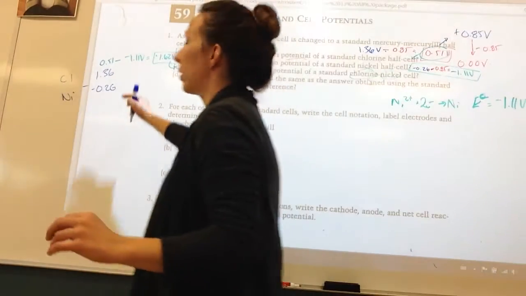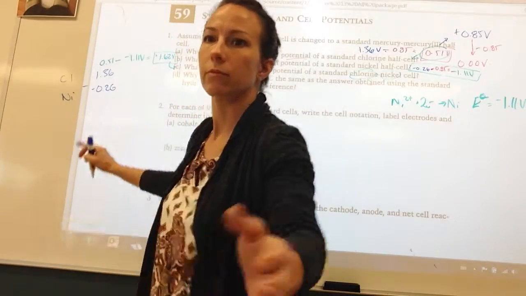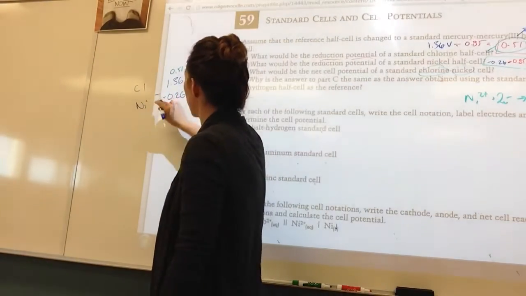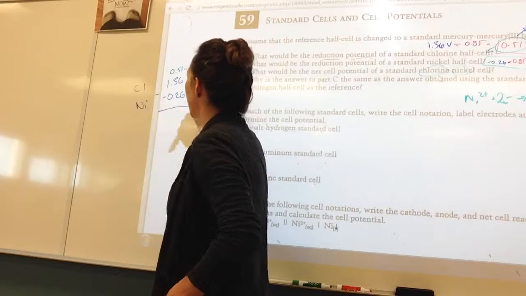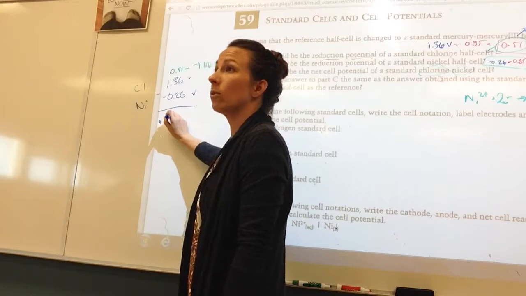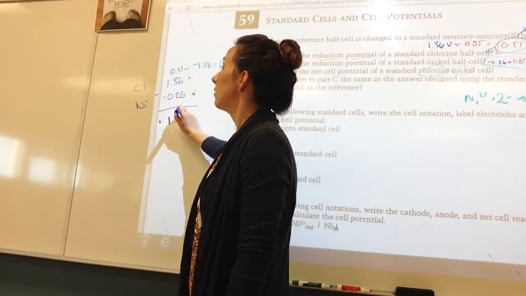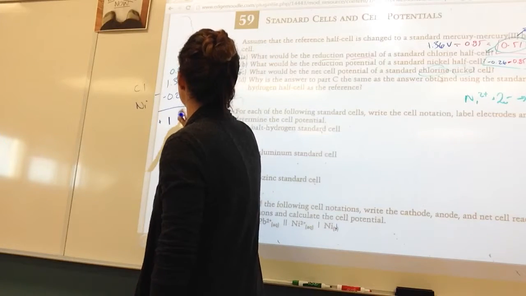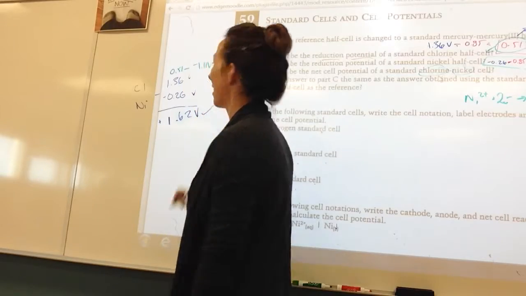Okay, so for the chlorine and the nickel, we've got this voltage, subtract that voltage, the top minus the bottom, and I have positive 1.62. The same as that.